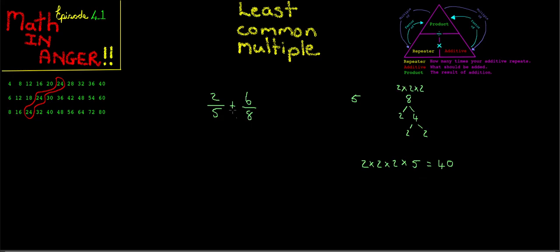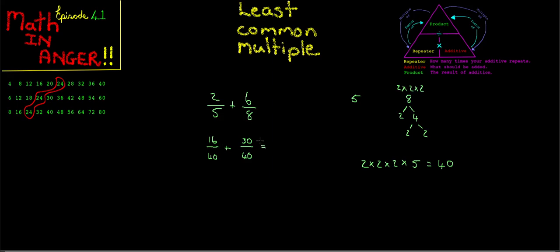So now we can rewrite this fraction. 2 over 5 would be in balance with, well, 40 divided by 5 is 8, so that is times 8. What is 2 times 8? It is 16. 8 times 5 is 40. What is 6 times 5? That is 30.